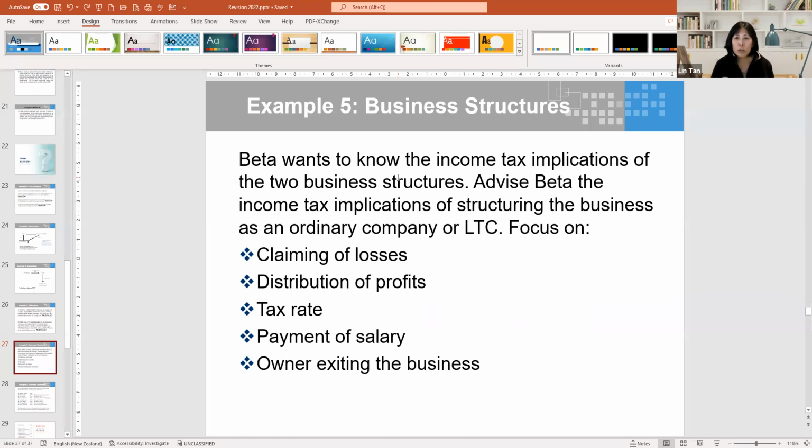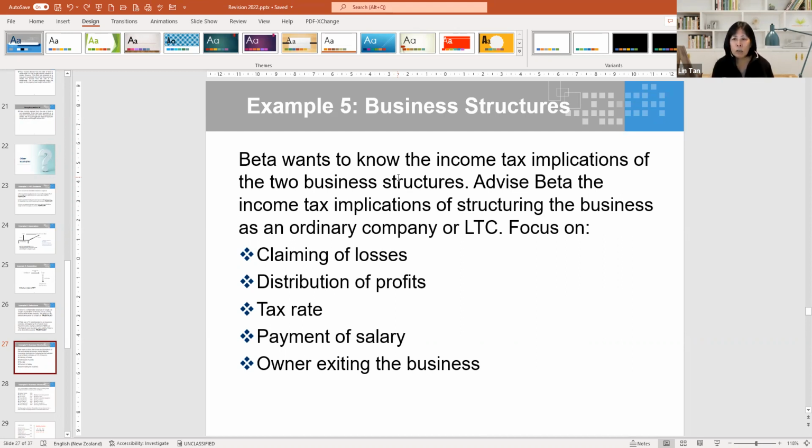Now, sometimes the question can be a bit more specific. It might say, give 4 tax advantages of carrying on business as a sole trader. It specifically mentioned tax advantages. So the advantages must be related to tax, as provided within the Income Tax Act.